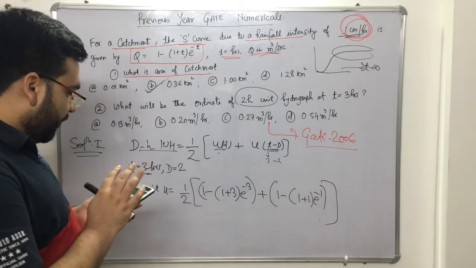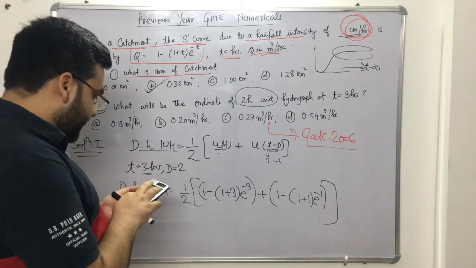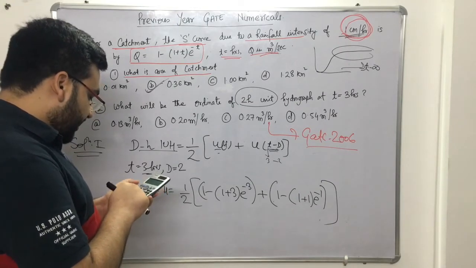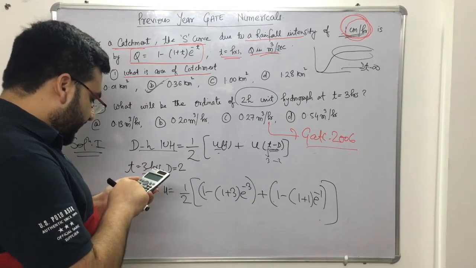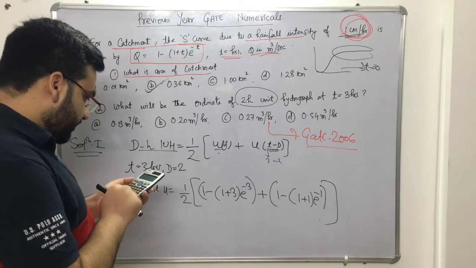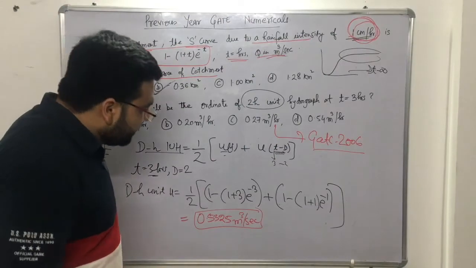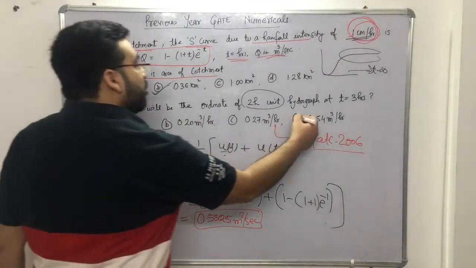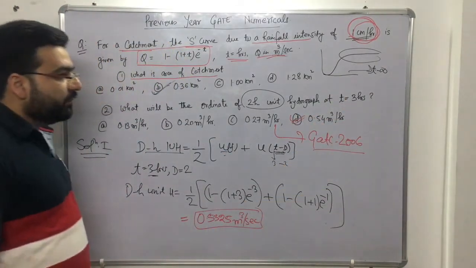This is 0.880, and plus, in bracket I have 1 minus 2 into e raised to the power minus 1, bracket close. So it comes out to be 0.5325, right? Which means the most appropriate answer is 0.54 meter cube per hour.